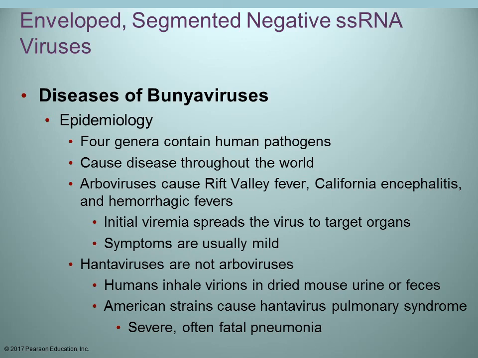This was first diagnosed in 1993 out in the Four Corners area, New Mexico, Arizona, Utah, Colorado. And I remember when this broke out, they were trying to figure out what was happening because the hantavirus causes the hantavirus pulmonary syndrome, a very severe respiratory problem, as the name implies.